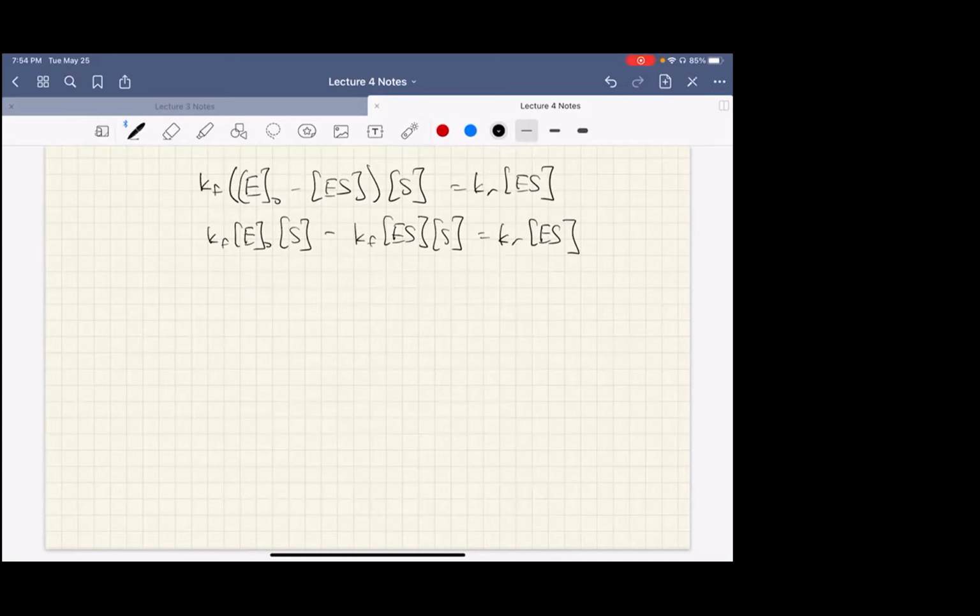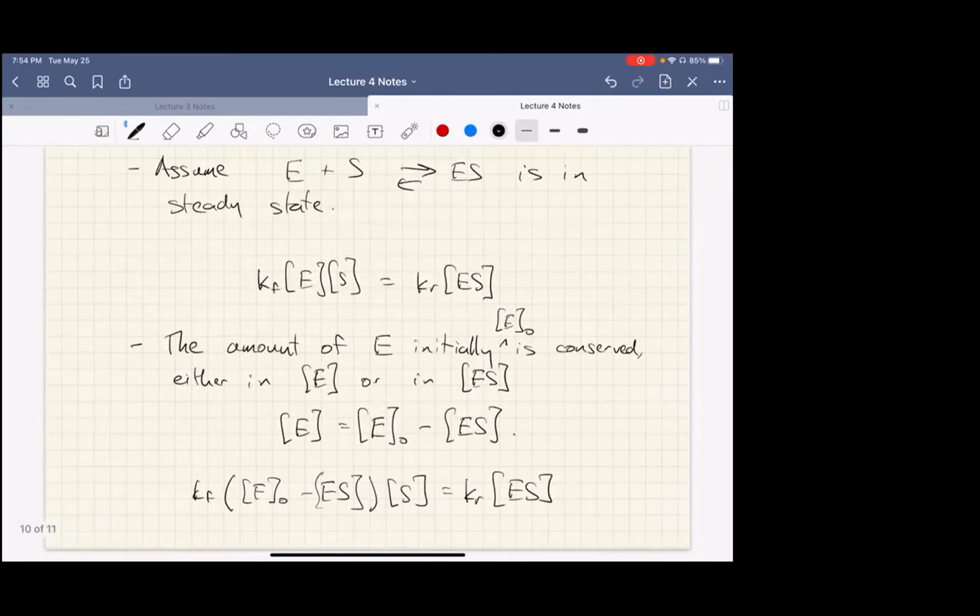And then if we solve for ES, now just a second here, why are we doing this and where are we going? Let's just make sure we know.